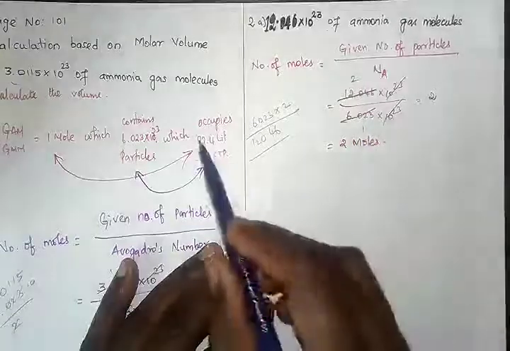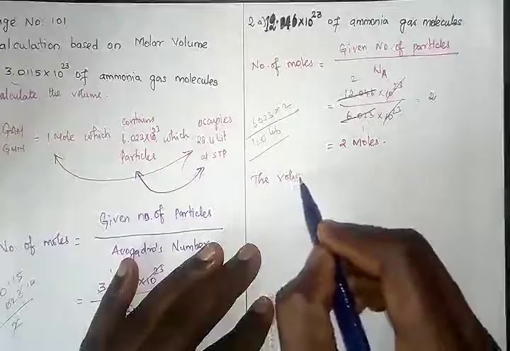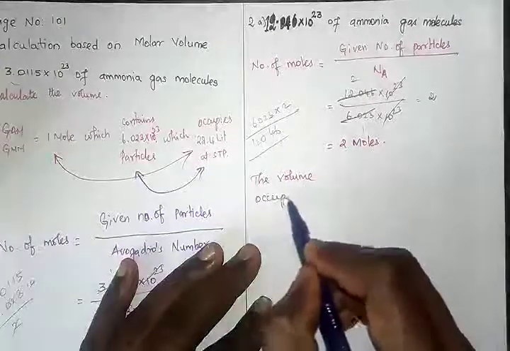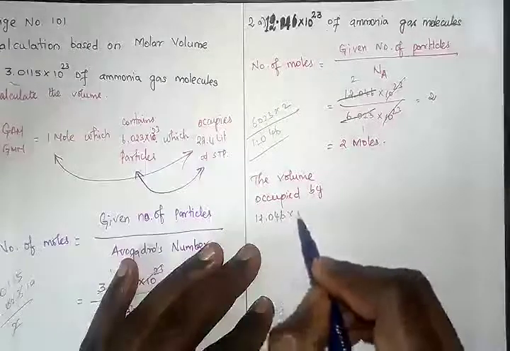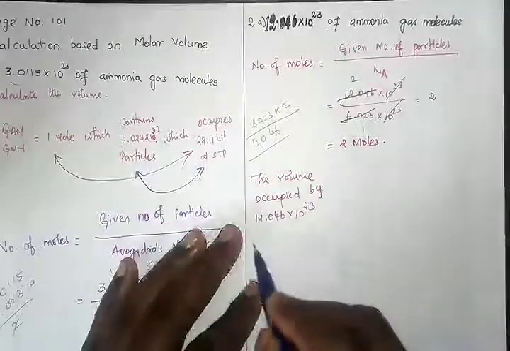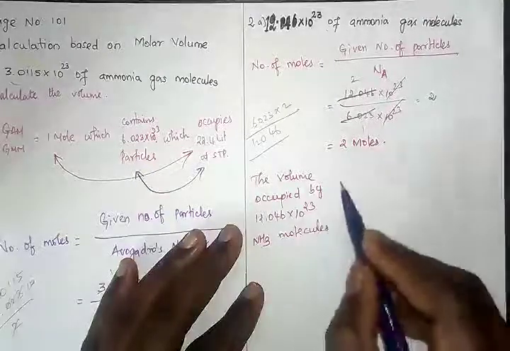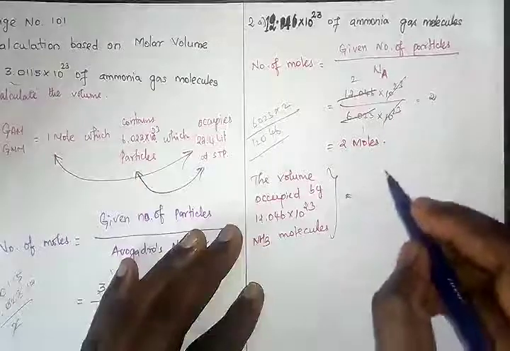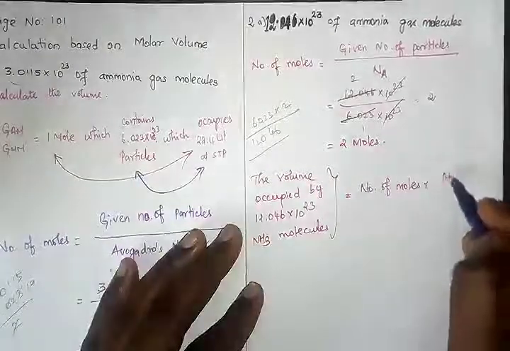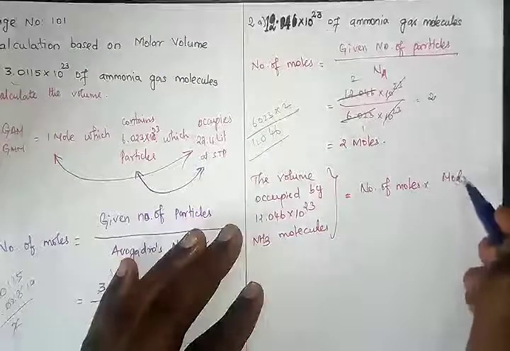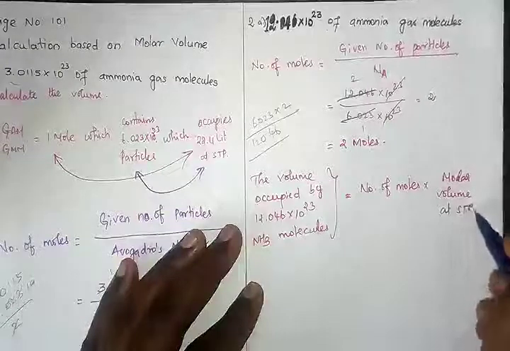Now from this, how do you calculate the volume? So the volume occupied by 12.046 into 10 to the power of 23 ammonia molecules is equal to number of moles into molar volume at STP.